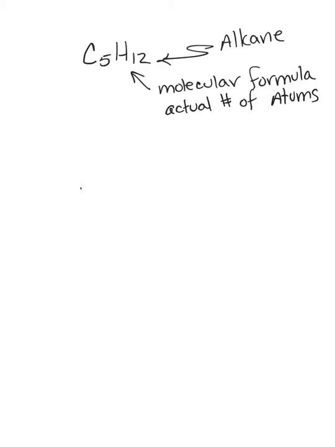So what I'm going to do is draw 5 carbons in a row, and if you remember from what I said in the first slide, you have to have 4 lines around every carbon. So if I look at this carbon right here, there's only 1 line so far around it. I need 4. So I'm going to add 3 more to it. And that'll give me my 4 bonds around that carbon.